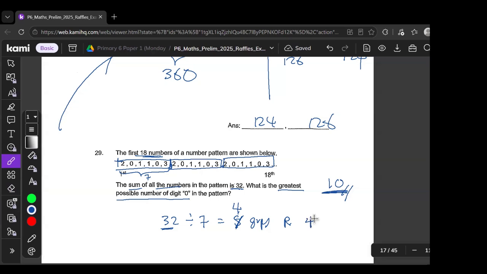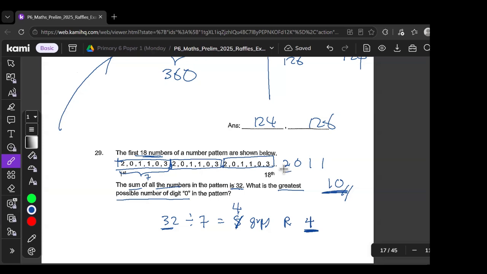Okay. All right. So what is this 4 for? This 4 refers to the sum, the sum of the digits. So you count the digits. What numbers make up 4? 2, 0, 1, 1.